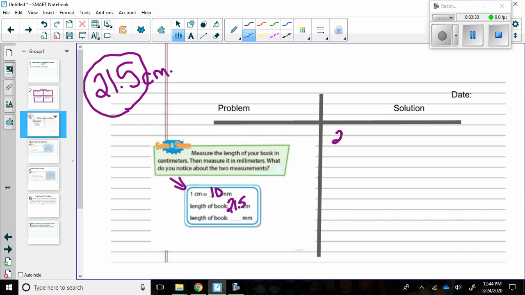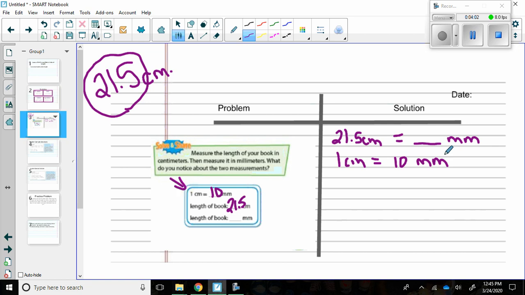So my equation is 21.5 centimeters is equal to how many millimeters? Second step is write what you know, what you know, what you know. We know that 1 centimeter equals 10 millimeters.